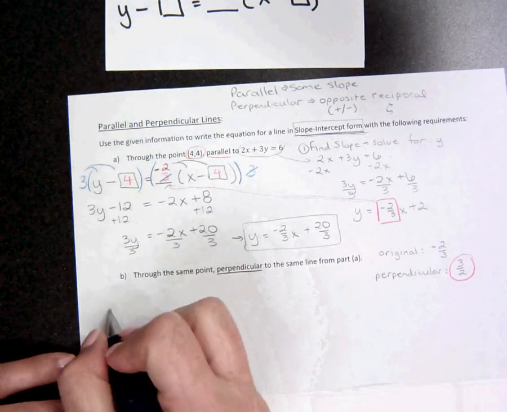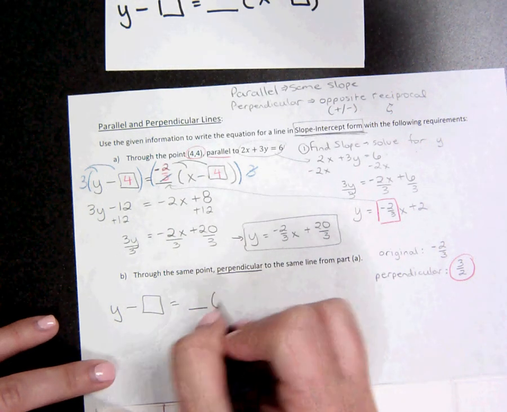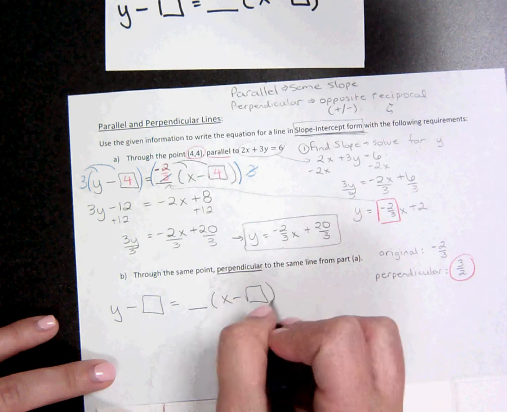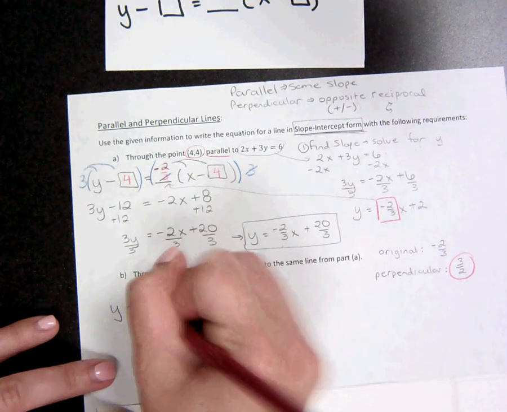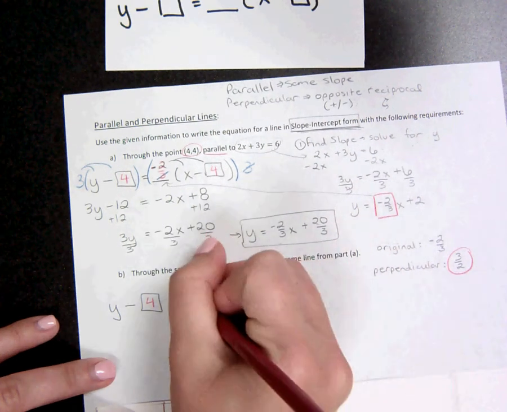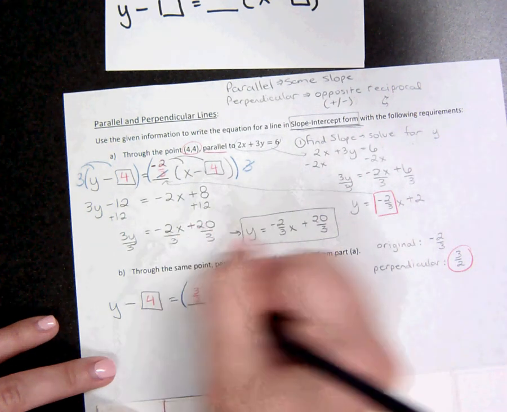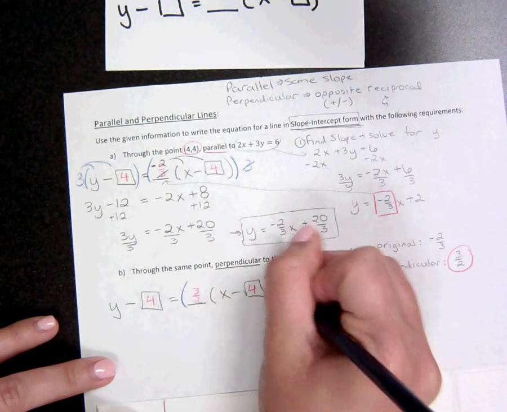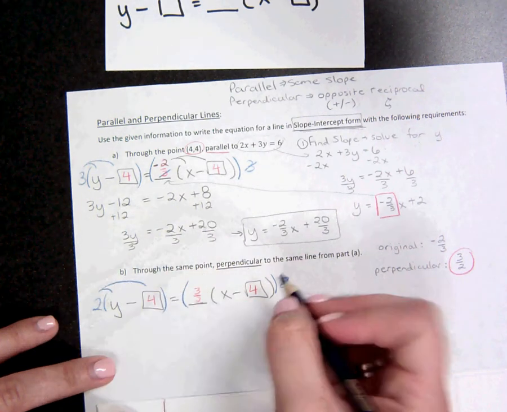So let's see, we're going to have y minus box equals blank times x minus box. I'm going to use the same point 4, 4. And this time the slope I'm going to use is 3 over 2. I'm going to go ahead and kill that fraction right from the beginning. Multiply both sides by 2. Distribute my 2.